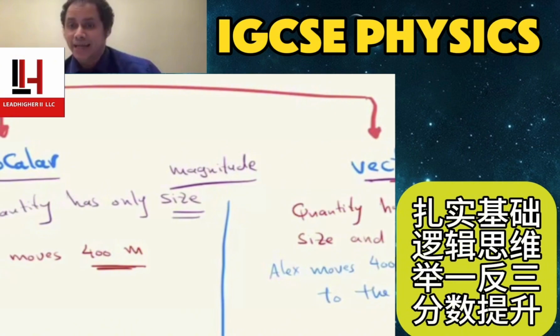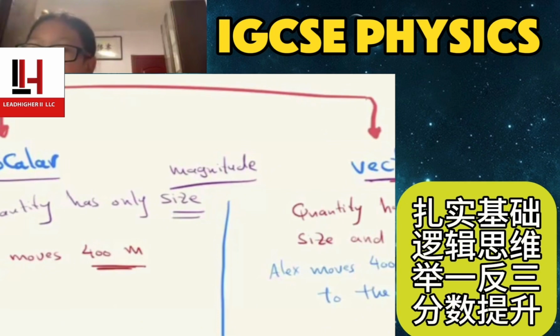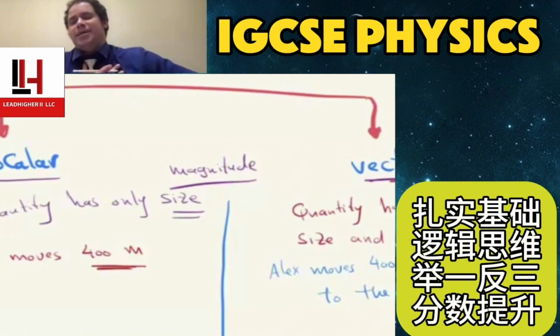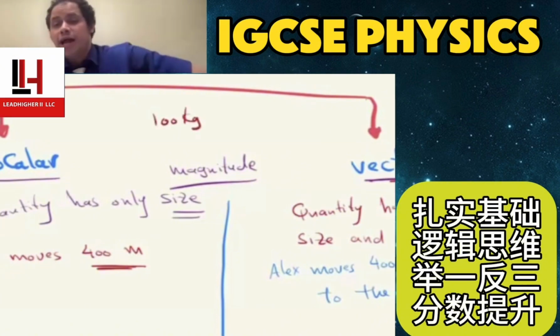Linda, tell me, mass. Do you think mass needs direction? What's the meaning of mass? When someone asks you, my mass is 100 kilograms. Kilogram. This is called mass, not weight. How do you say mass, guys? Does anyone know mass in Chinese?